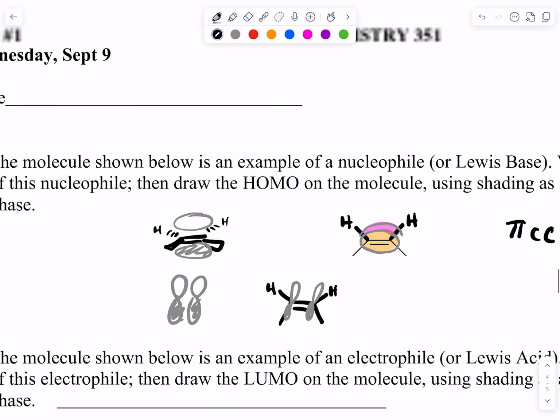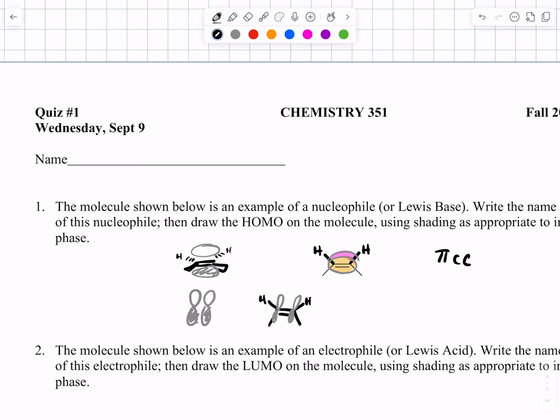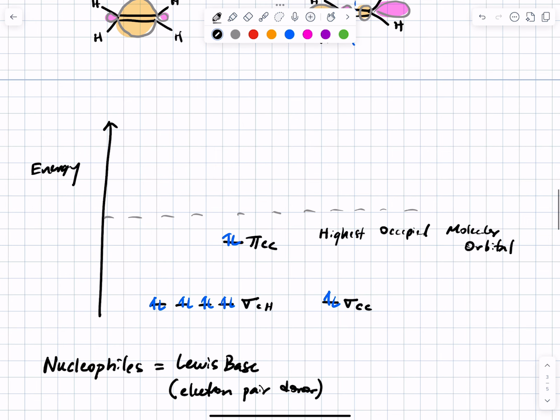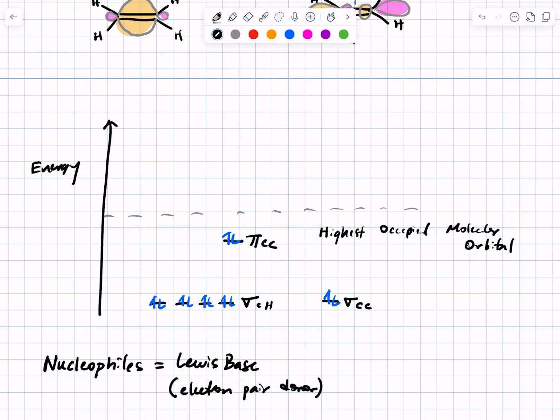Okay. All right, so that's an example of identifying HOMO versus LUMO. Now, we need to go back and think about the empty orbitals. It turns out, and this is useful, if you can rank the bonding orbitals, you already know the rank of the antibonding orbitals. It's just backwards. It's a reflection.